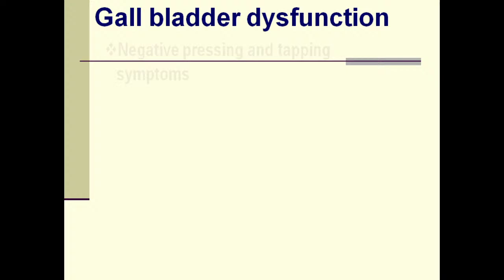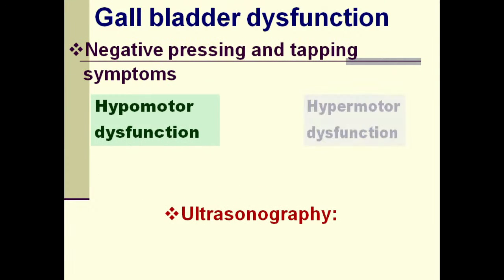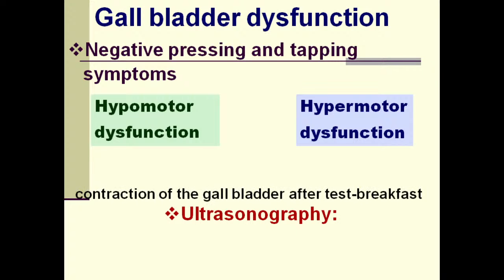Gallbladder dysfunction in its clinical manifestation may resemble cholecystitis or cholelithiasis, but with negative pressing and tapping symptoms, because there is no inflammation, no stone, and only ultrasonography helps clarify the pathology.